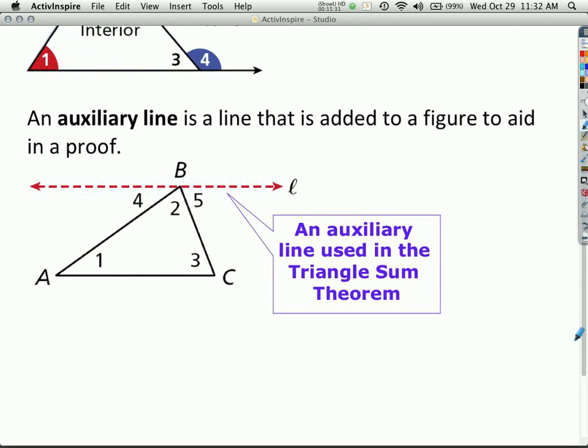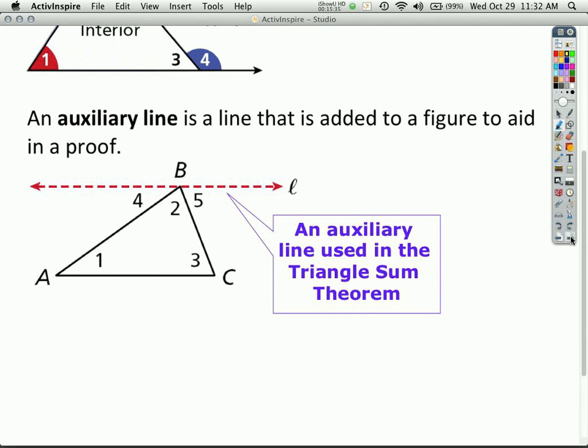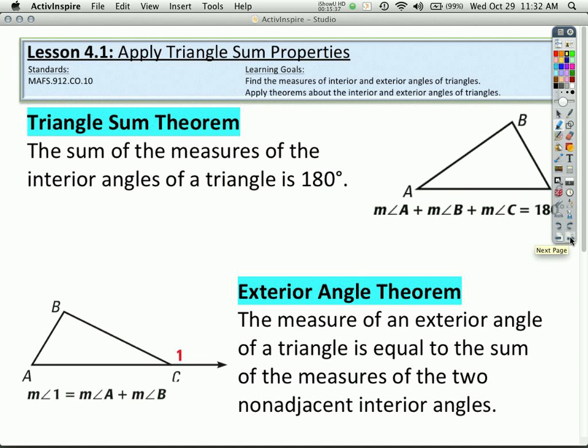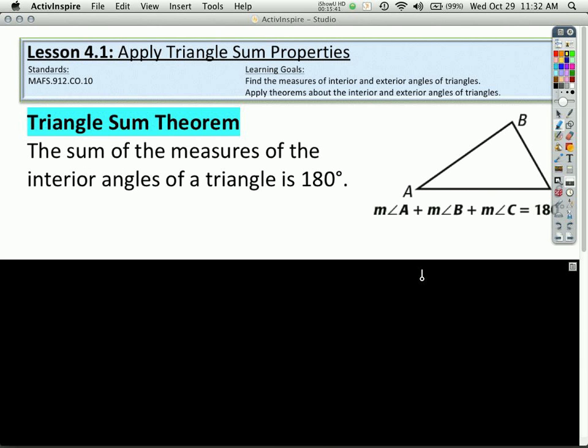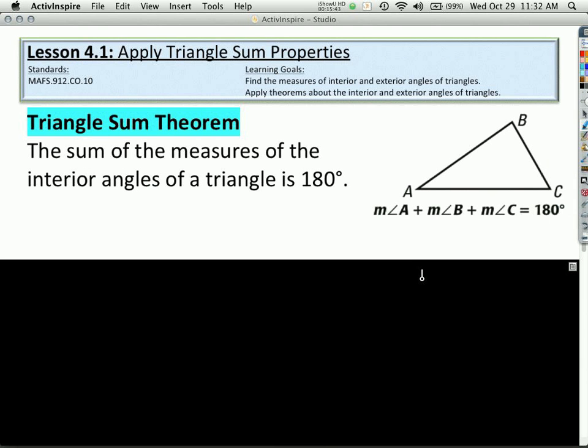Okay? And so now to the theorems that we're going to be using today. So you have your cheat sheet, so you don't have to copy anything, but now we need to talk about what the theorems say and what they help us to do. I referred to the triangle sum theorem, I think, when I handed you the cheat sheet. You've known the triangle sum theorem probably for 2 or 3 years already. You just didn't know it was called the triangle sum theorem.